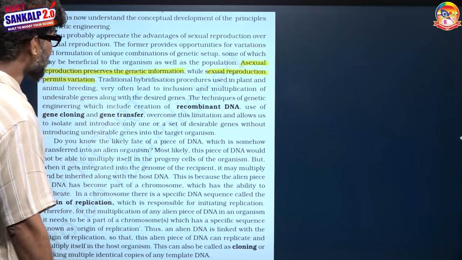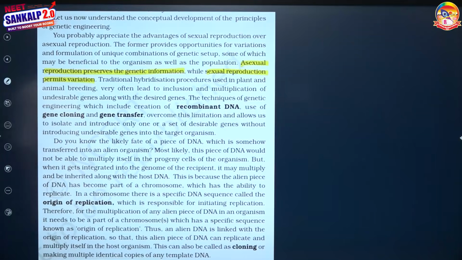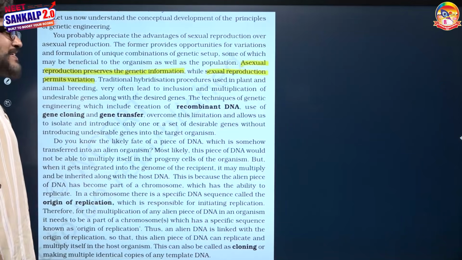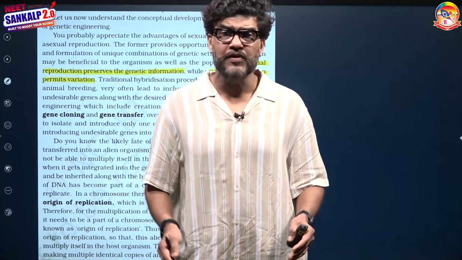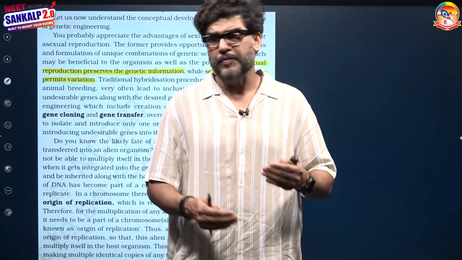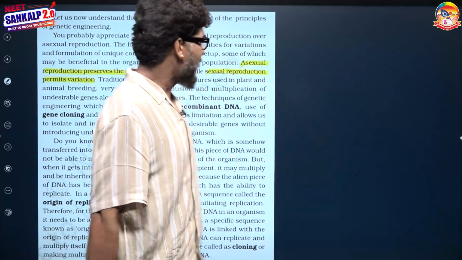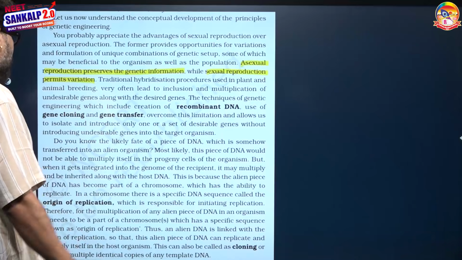But we know that traditional hybridization processes used in plant and animal breeding very often lead to the inclusion and multiplication of undesired genes also. Means one of the disadvantages of sexual reproduction is what? That besides a desired gene, some undesired genes will also be incorporated, and that's the point of challenge.